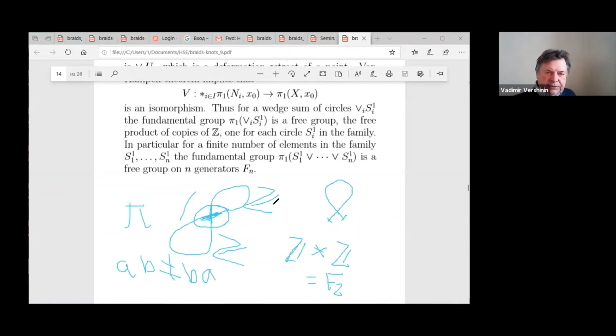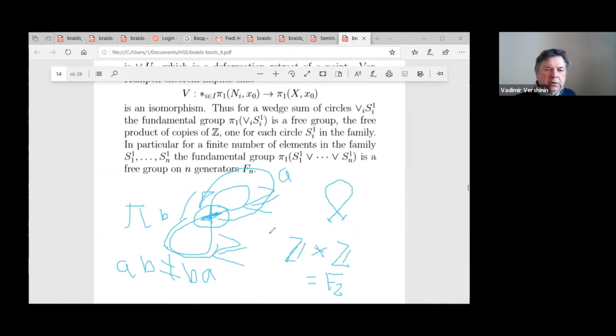Geometrically you see that if you go in this direction by this loop, say A, and then you go by this loop in direction B, and then multiply on the left or the right, you have A, B, A minus 1, B minus 1.